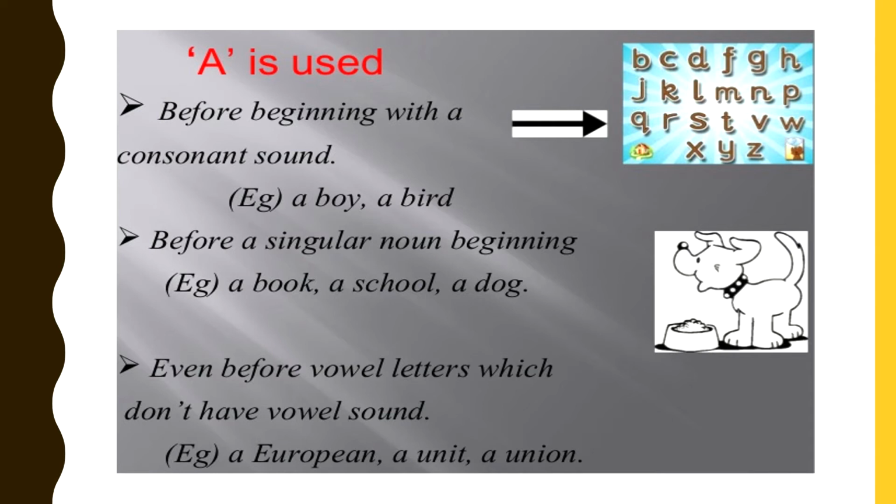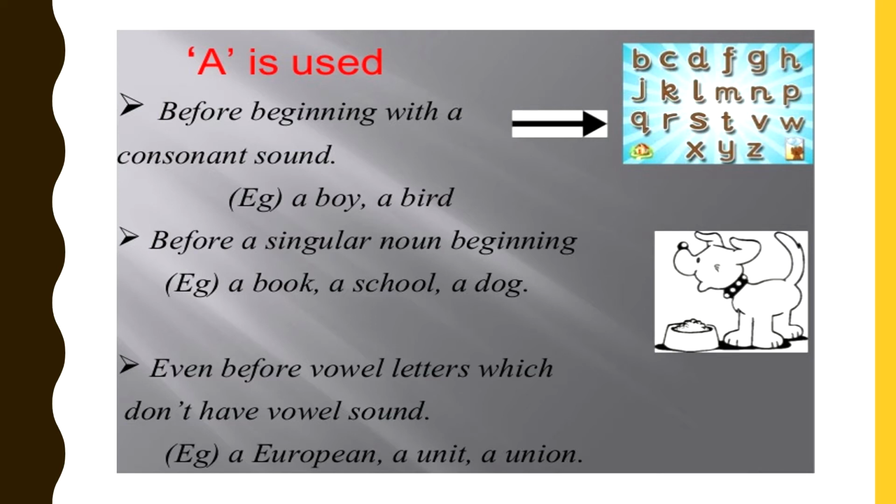Article a is used even before vowel letters which don't have a vowel sound. Now what does this mean? Let me share an example with you. European.